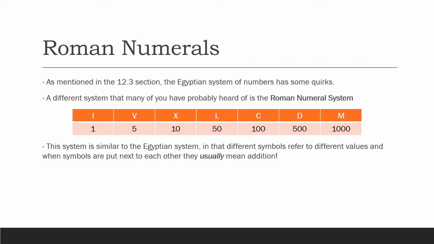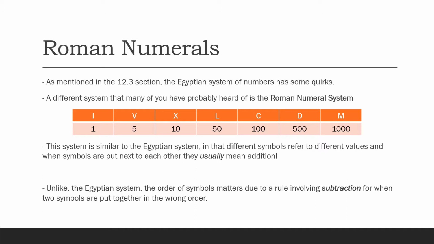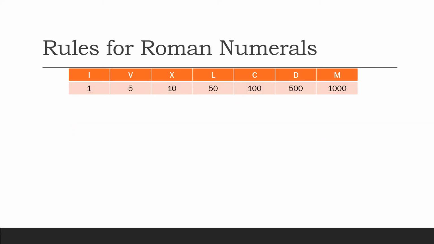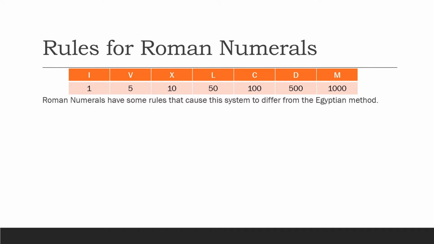There is a weird exception that is specific to the Roman numeral system, which is that when two symbols are put together in the wrong order, it actually means subtraction. And I'll explain this in a minute.